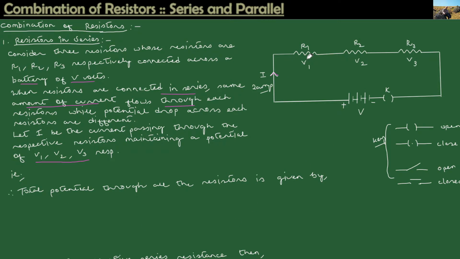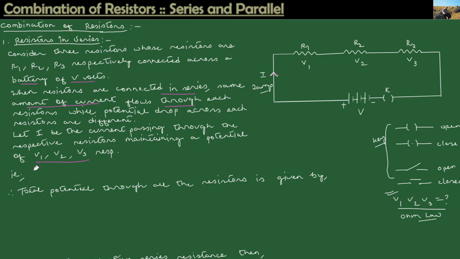From here, we need to know the value of V1, the value of V2, and the value of V3. We can do that by using the basic relation of Ohm's law to find the potential across V1, V2, and V3. So this is our key idea.